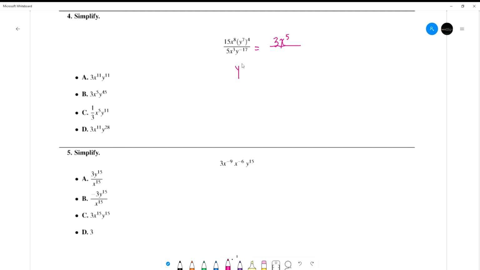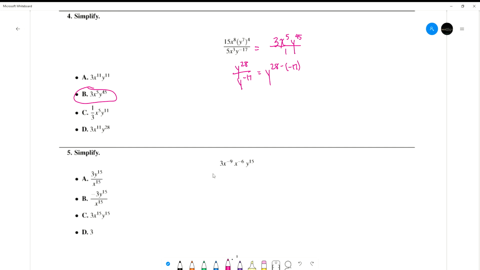Y to the 7 times 4 is 28 over y to the negative 17. So that's basically addition, because 28 minus negative 17 is y to the 45. So this is y to the 45, all over 1. So that gives me B as the answer choice.